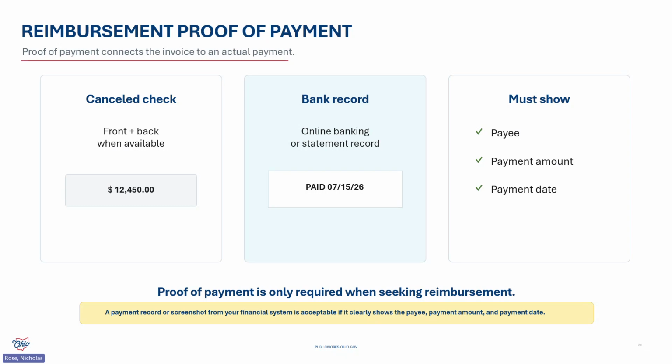Acceptable support can include a canceled check, online banking record, a bank statement entry, or a payment record or screenshot from your community's financial system. The exact format can vary. What matters is that we can clearly see the payee, payment amount, and payment date, and connect that payment back to that invoice. In-kind and force account costs require a different type of supporting record.